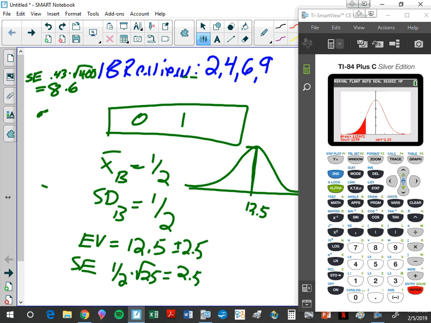We have over here 12, and then we have over here 13. So what are the bounds on the column representing 12? 11.5 on the left side to 12.5 on the right side. So this is 11.5 and that's 12.5.